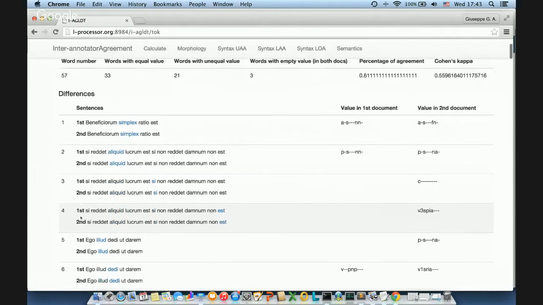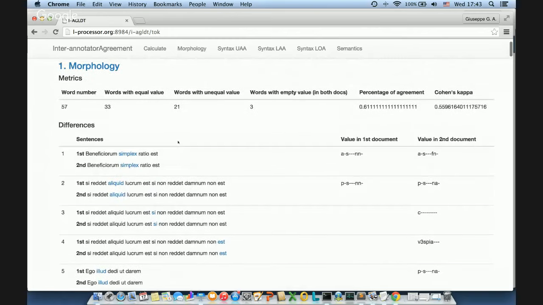What you get is a comparison between the annotation of the first annotator and the annotation of the second annotator, and more precisely, you find highlighted those words which have been annotated in a different way. We have a number of values because, of course, you can compare two texts on different levels.